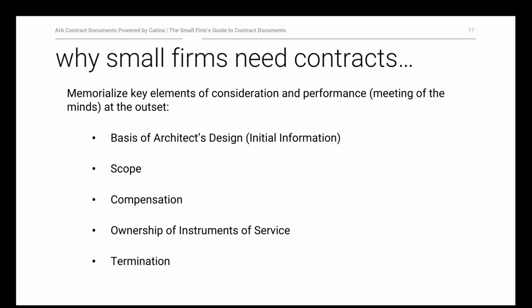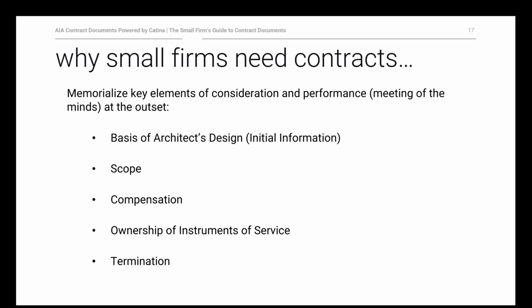As architects, you want to make sure that there is a well-defined basis for the architect's design, and that comes in the AIA's contracts in the first section, which is initial information, where the parties are prompted to enter certain key information about things that are important to the owner that will inform the architect's design for the project.